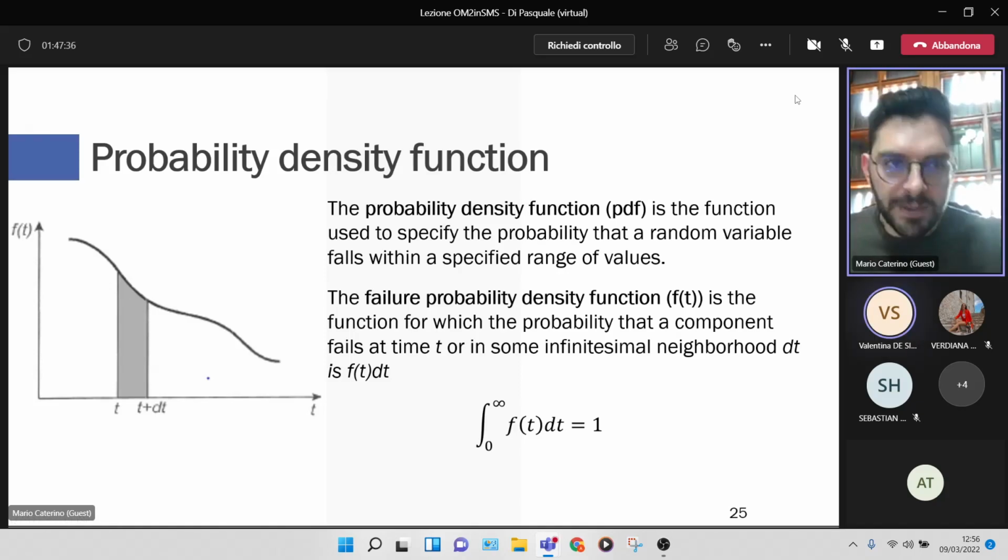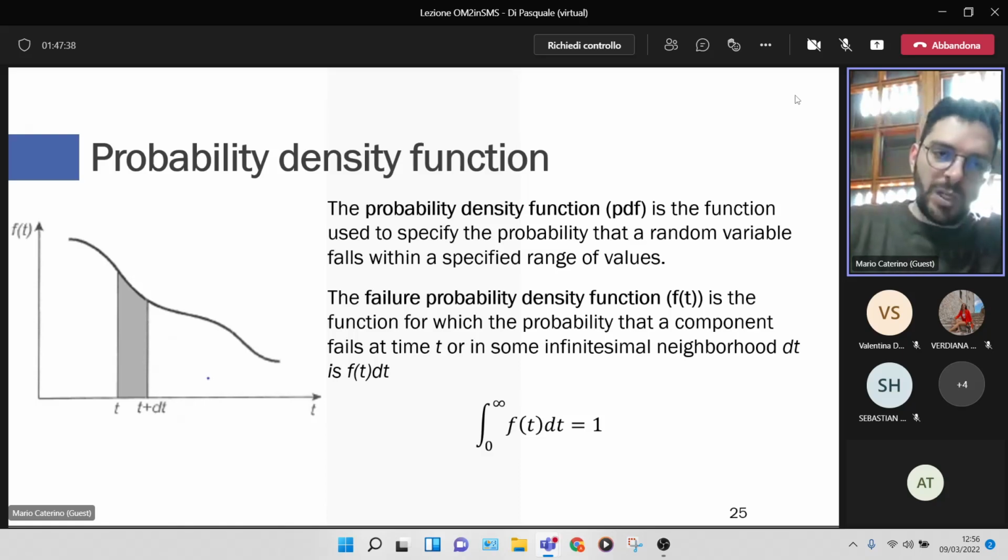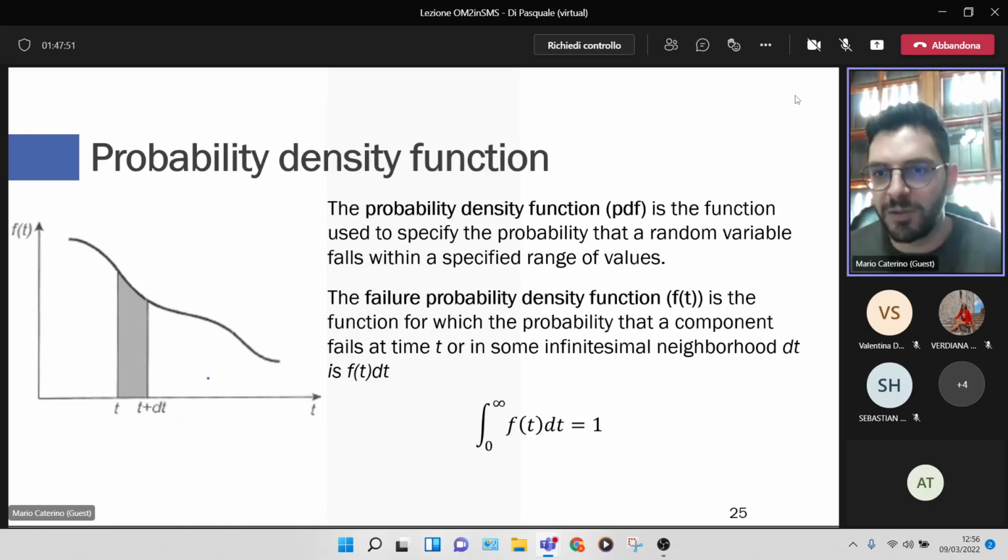Yes. Perfect. So we introduced the concept of reliability, which is the main concept related to maintenance activities, and we will see why in a few slides, but maybe in the next lessons. We also need to define other important aspects related to reliability theory.